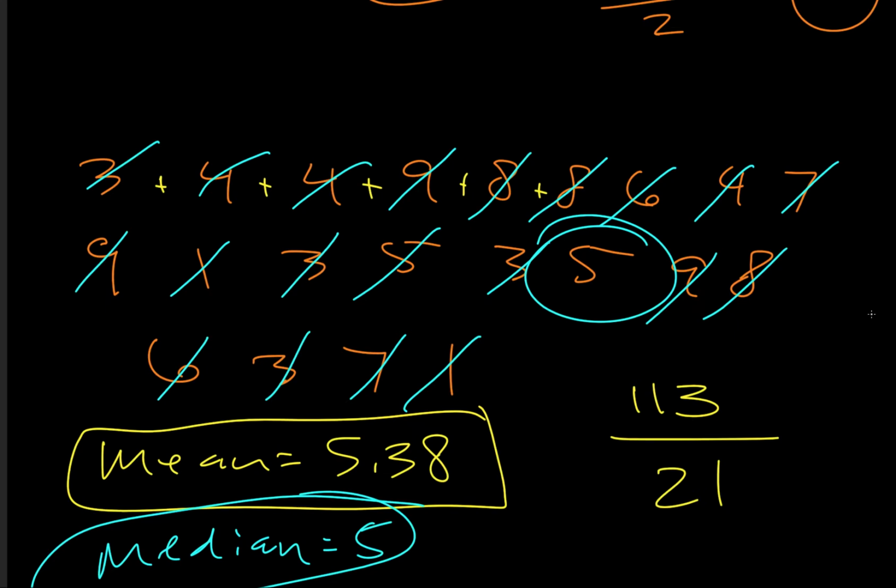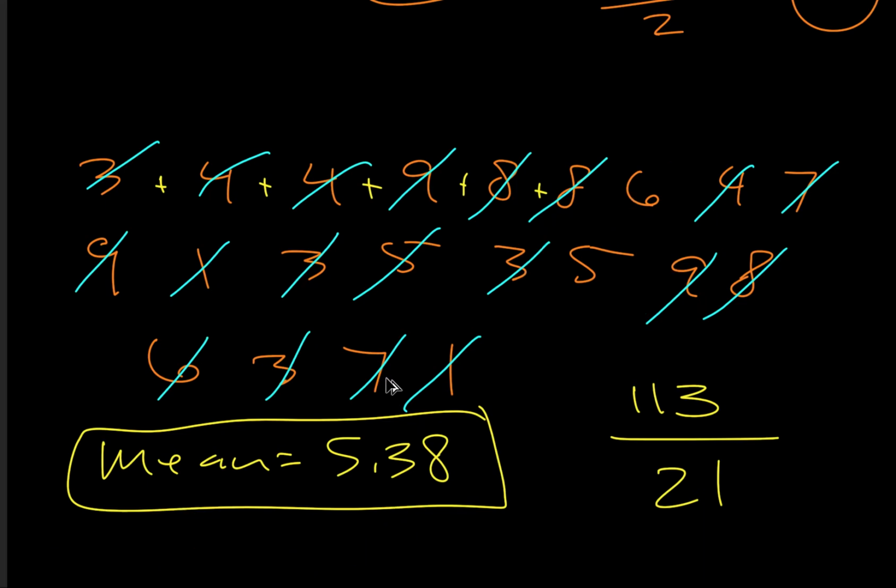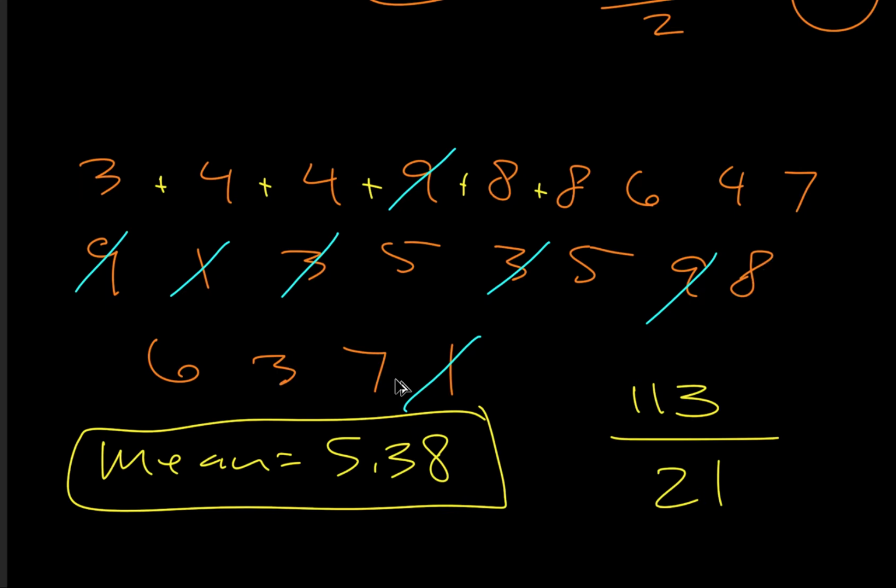Okay, and then the last one is mode. We just have to count. Sorry, this is hard to see because I crossed out everything, maybe I can get rid of all that. There we go.